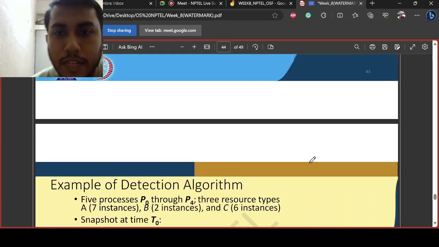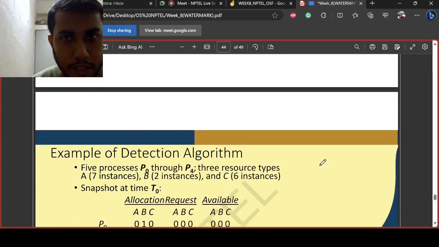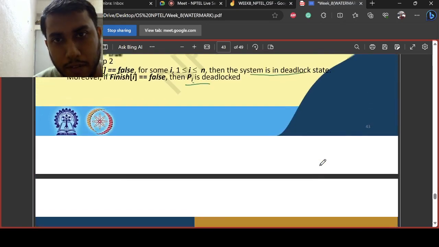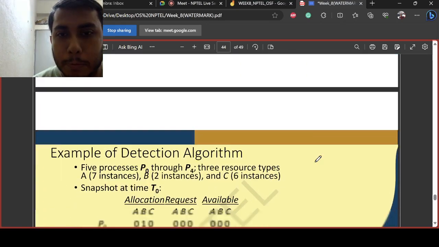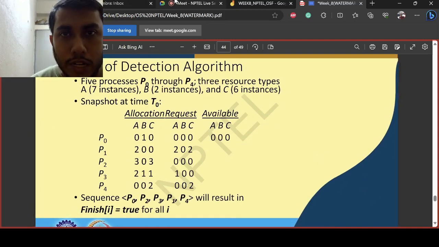Fine, that's all basically, nothing more, and the rest is similar. So any doubt so far?